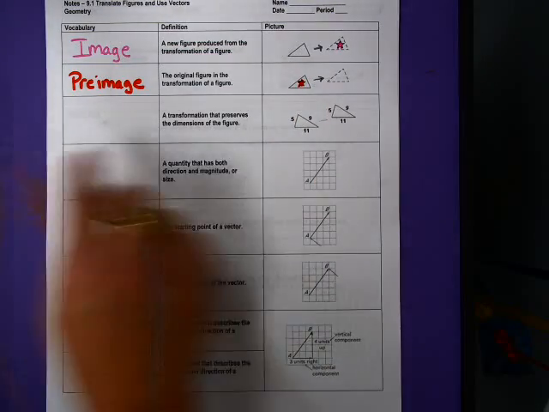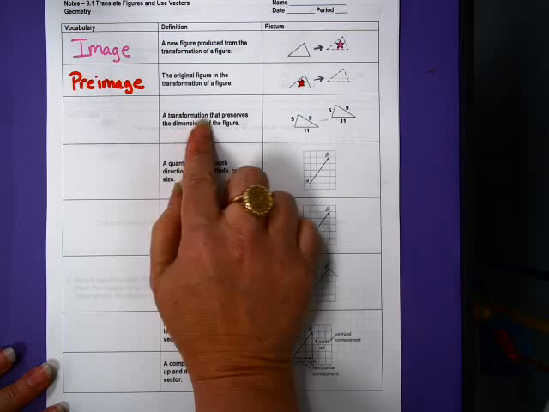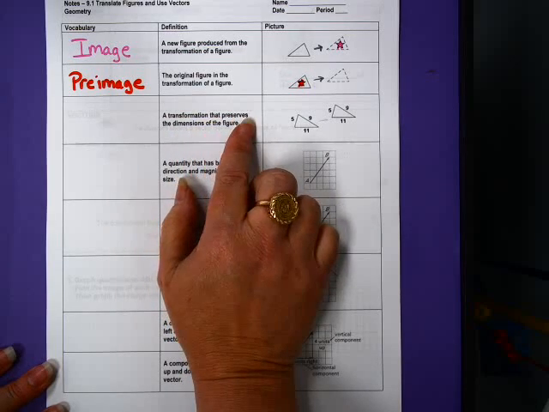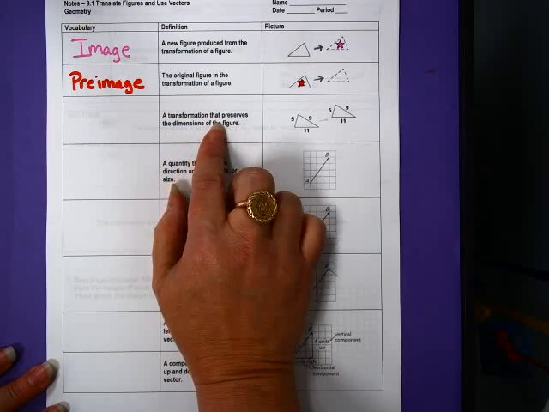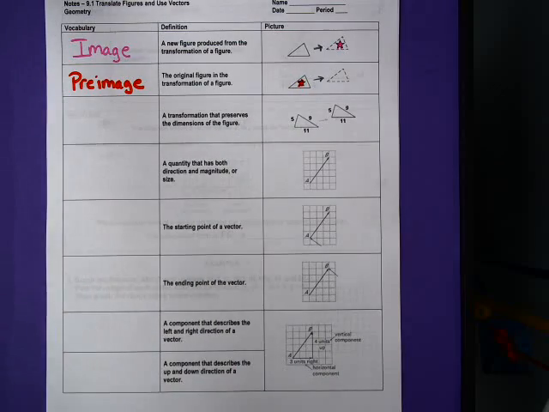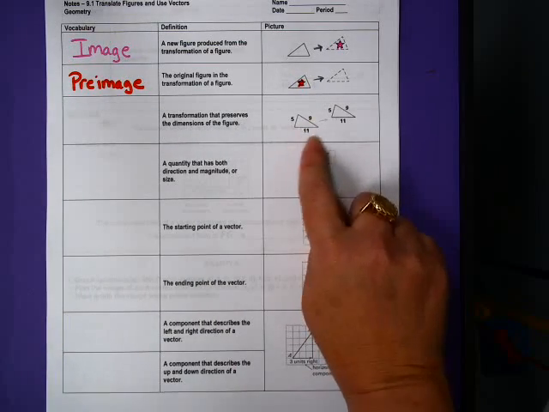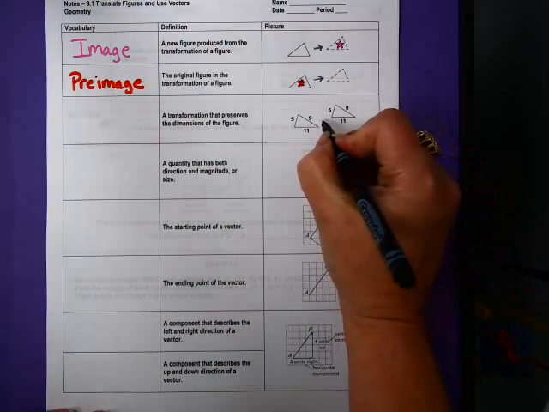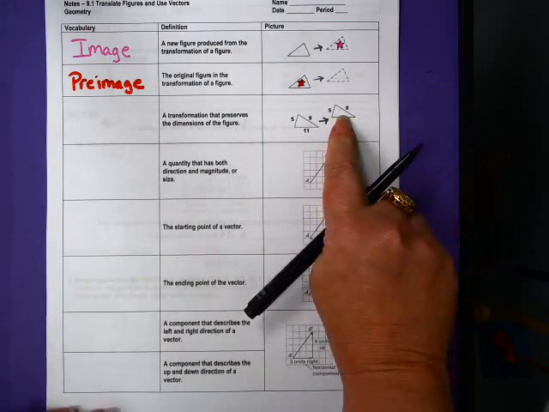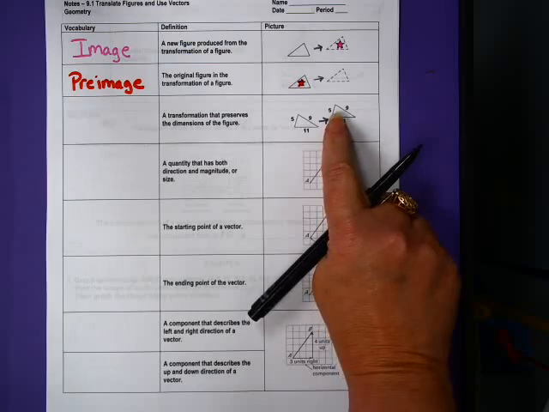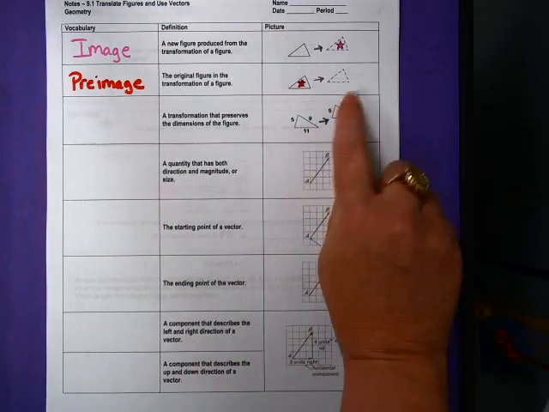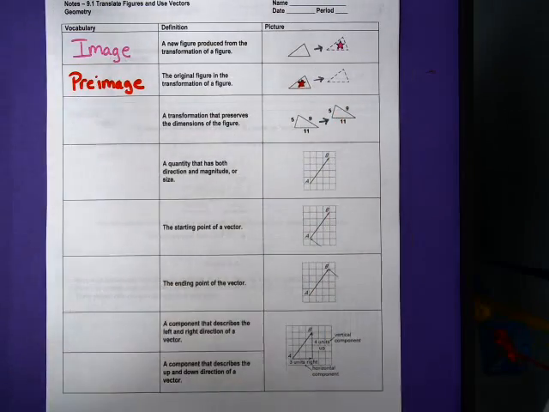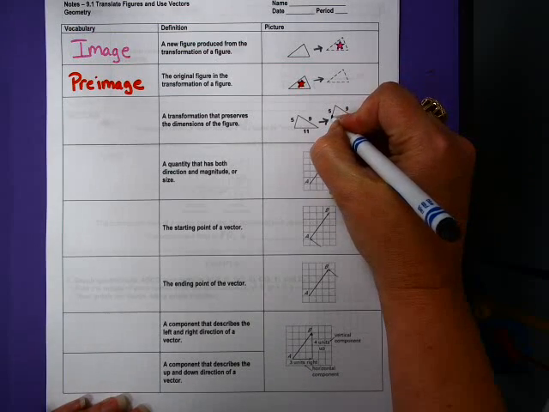All right, next, a transformation that preserves the dimensions of the figure. So if you look, you've got this one here, and it's being transformed to this one. But if you notice, this one up here is supposed to be dotted, but you can't tell because the dots are too small.